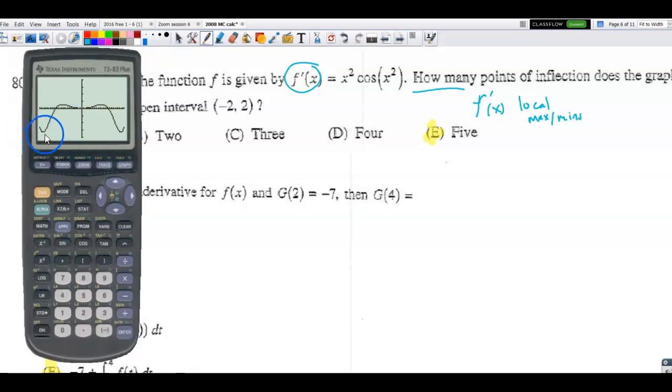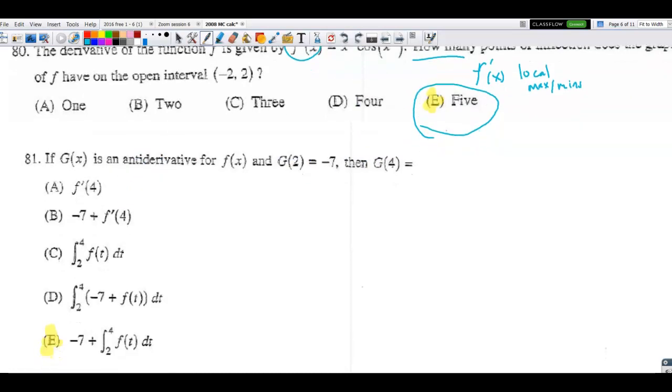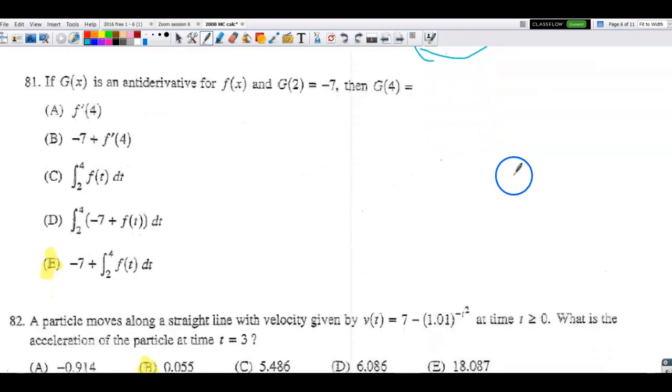And so I see one local min, that's 1, a local max 2, a local min 3, a local max 4, a local min 5. And so that is the answer. There are 5 points of inflection on f original because f prime has 5 either local max or local mins.